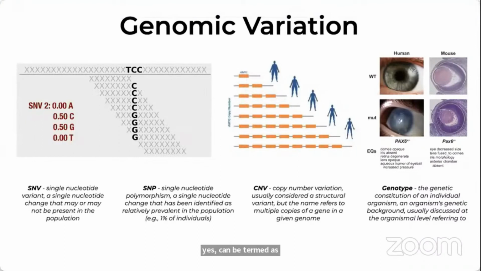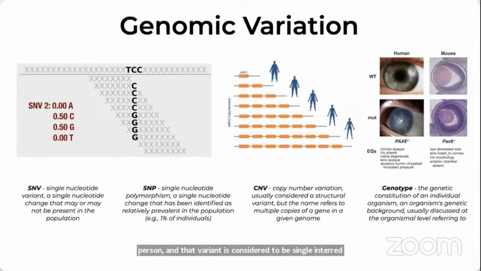While another term that we always hear is single nucleotide polymorphism. For example, when we observe a specific variant in more than 1% of the population, that variant is considered to be a single nucleotide polymorphism.